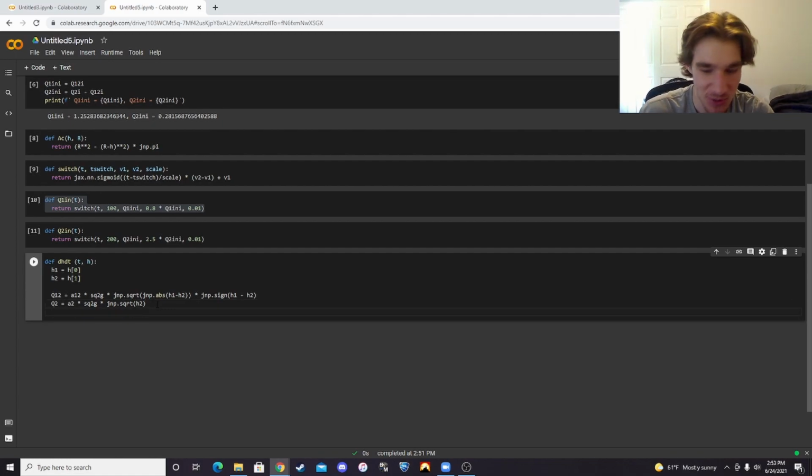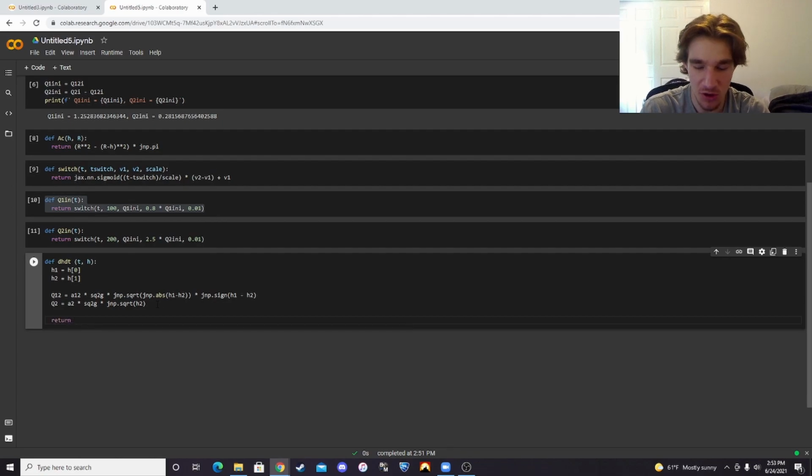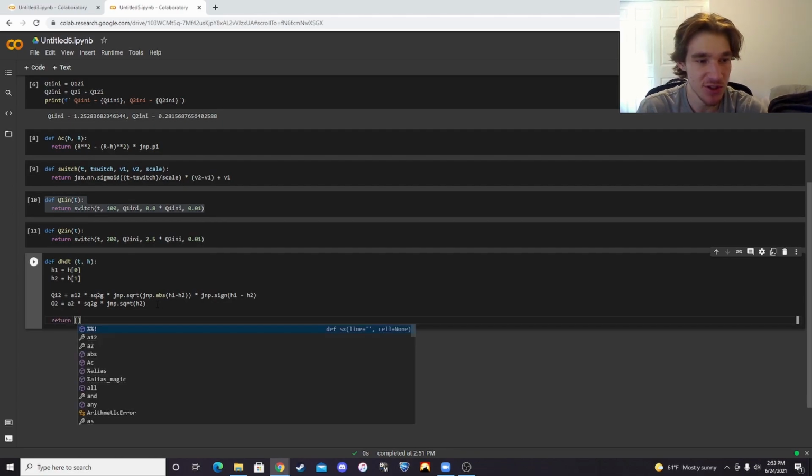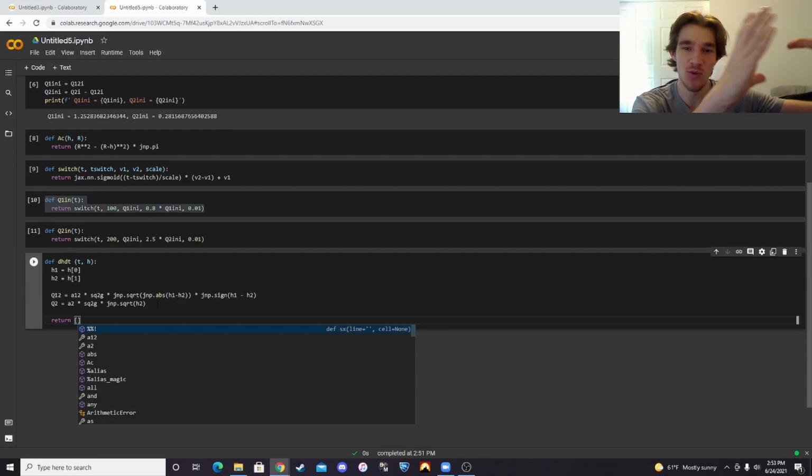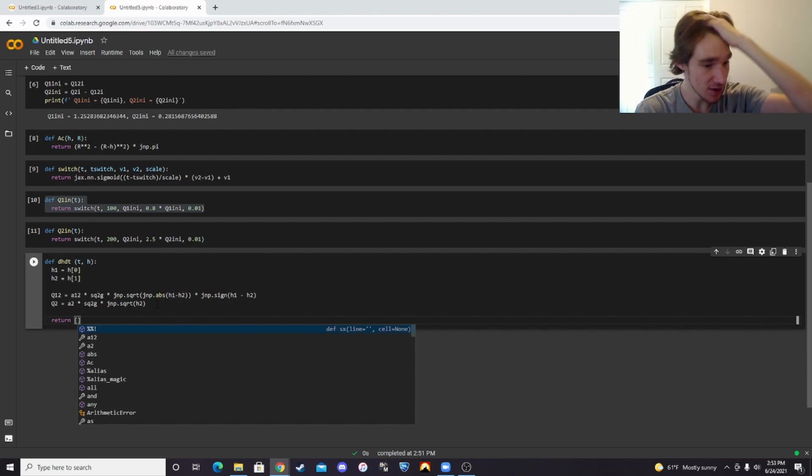Alright, and now once we have that, we want to go ahead and make our return statement. This is going to be returning the flow rate, or the change in height of tank 1, and then the change of height in tank 2. So for that, we solve for the dh dt equation for both.